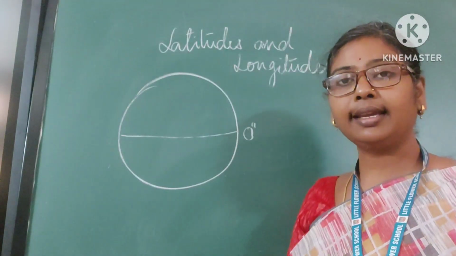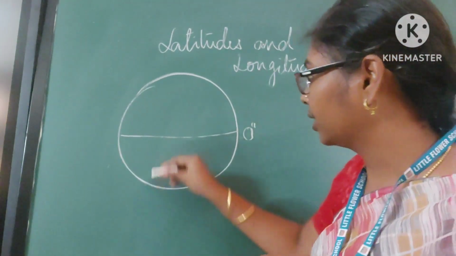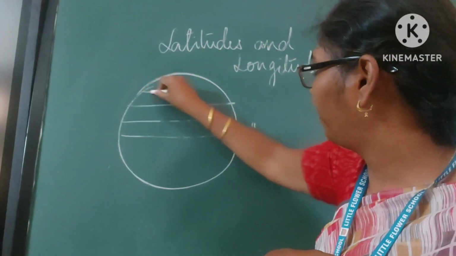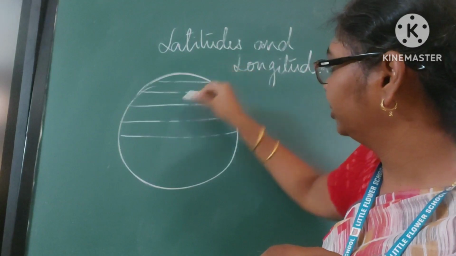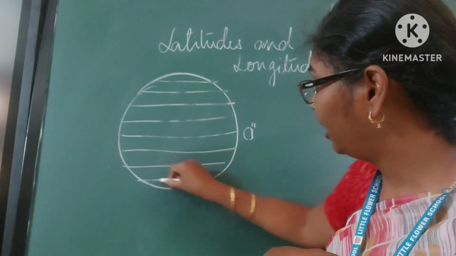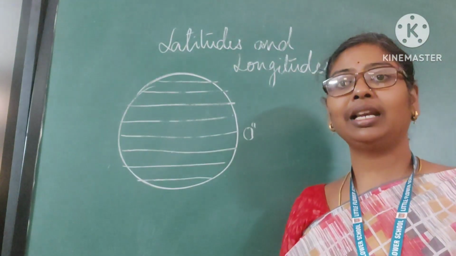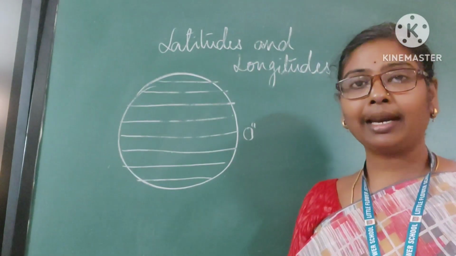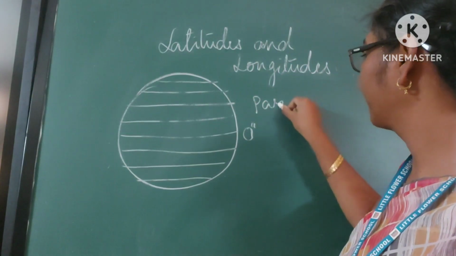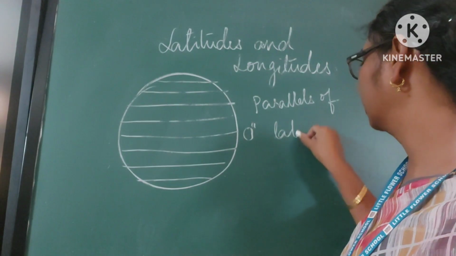So, this is the equator. All imaginary lines which are drawn parallel to the equator are known as parallels of latitude.